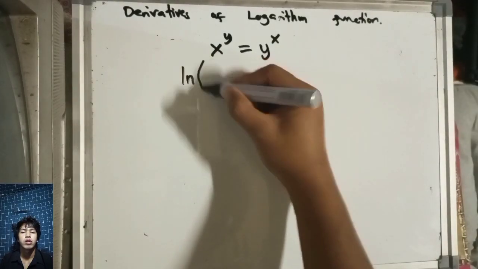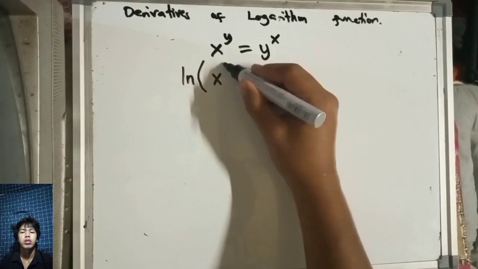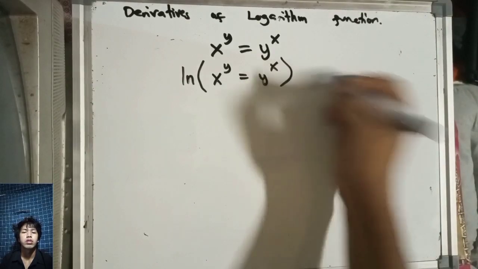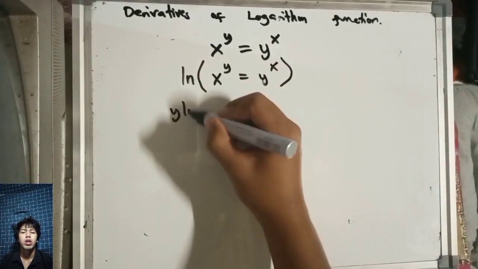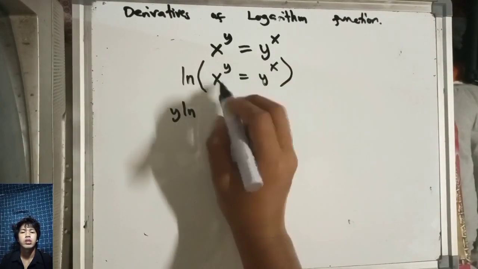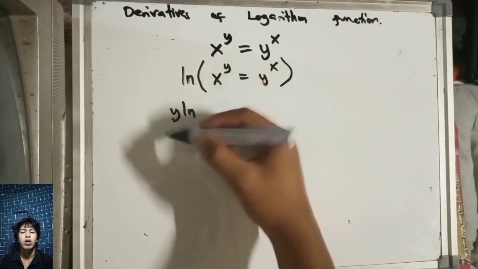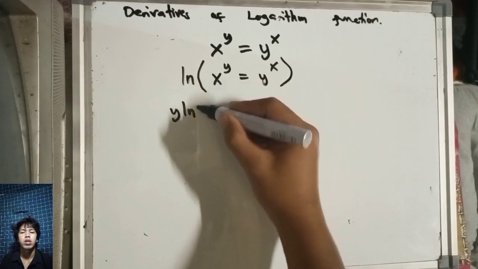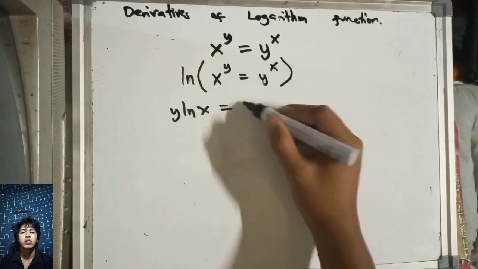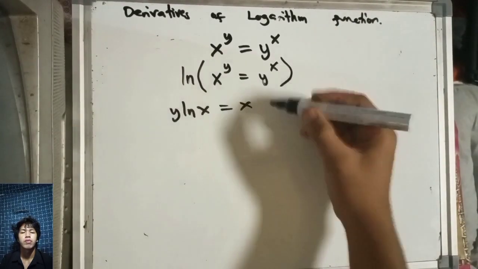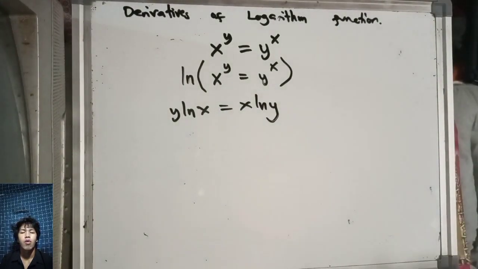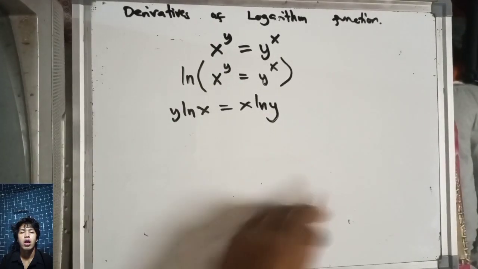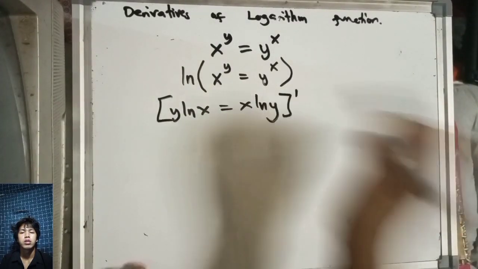So we're going to distribute or multiply ln to both sides. So we have y ln x. If we multiply ln to this term, the y is going to become the coefficient, then ln of x equals, and on this side we're going to do the same. Now we are going to find the derivative.